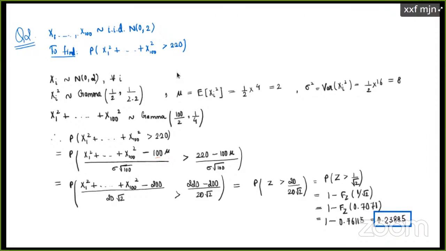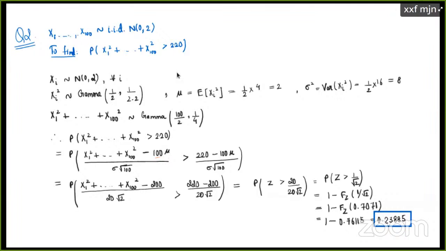So 1 by 2 divided by 1 by 4 is nothing but 4 by 2, which equals 2. And what is sigma square, or variance, of gamma distribution? Alpha upon beta square, right? So alpha is 1 by 2 divided by beta square, 1 by 4 square, which is 1 by 16. So 1 by 2 upon 1 by 16 is 16 by 2, which equals 8.